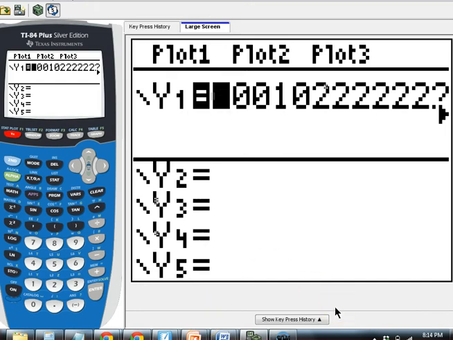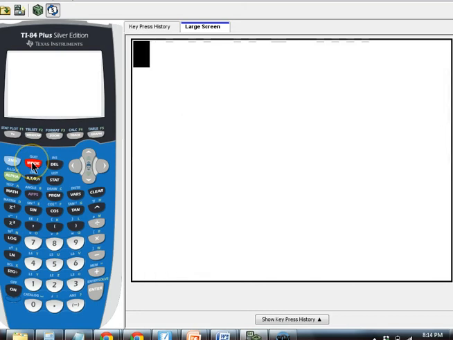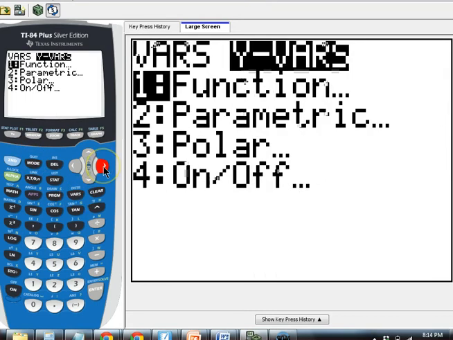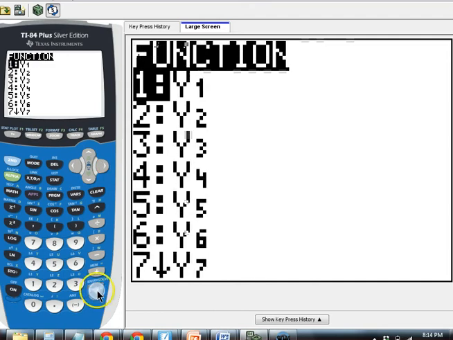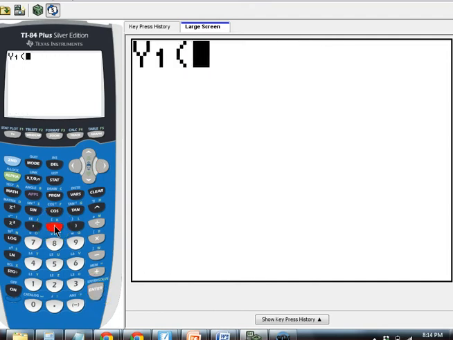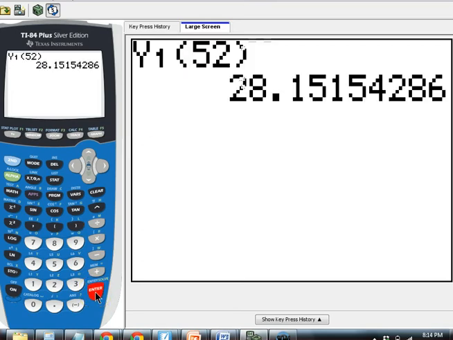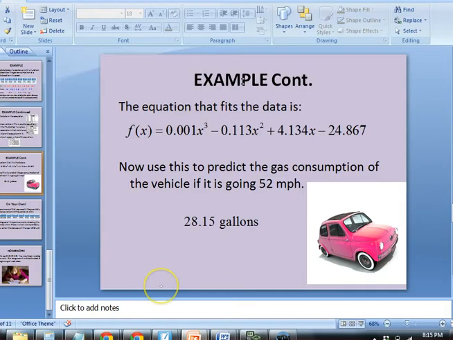So we tell the calculator to take that equation Y1 and plug the number 52 into it. We put 52 in parentheses next to it, and that tells the calculator to plug that value in, and we get 28.15 gallons of gas, which is what we said on the screen previously. So that's how you would make that calculation.